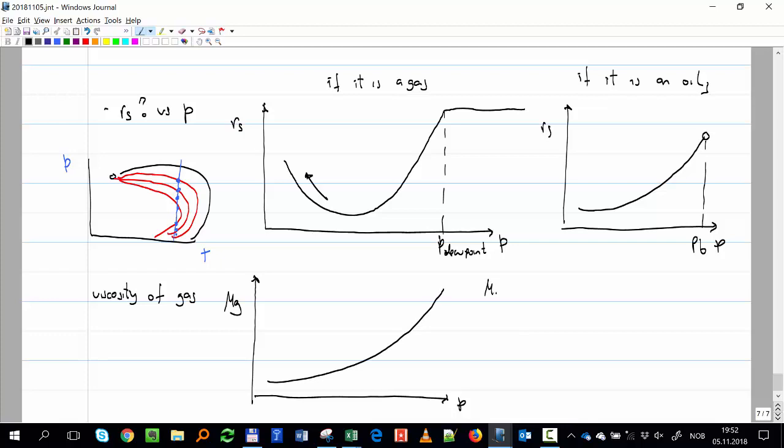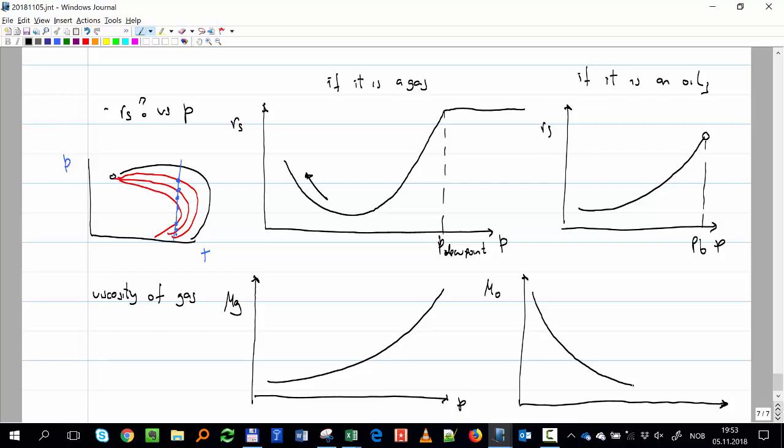And the viscosity of the oil, actually, does the opposite. Why? Because every time you increase pressure, more gas is dissolved in solution, so it makes it lighter and easier to flow.